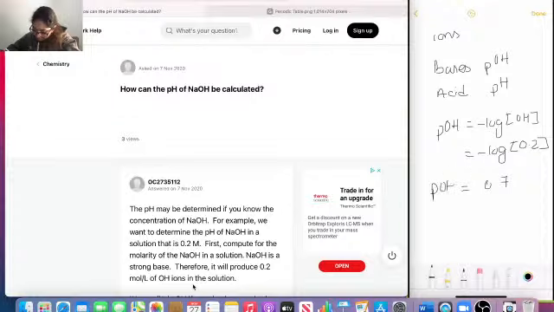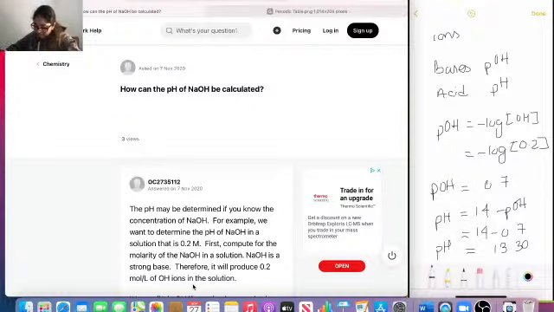If you just put this in your calculator, then to find pH, we just have to subtract this from 14. So 14 minus pOH, which is 14 minus 0.7, and you'll get 13.30 as your pH.